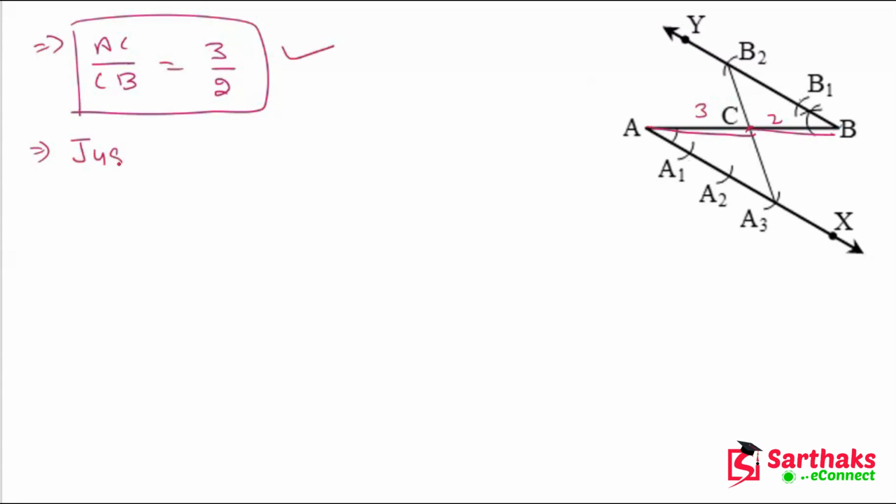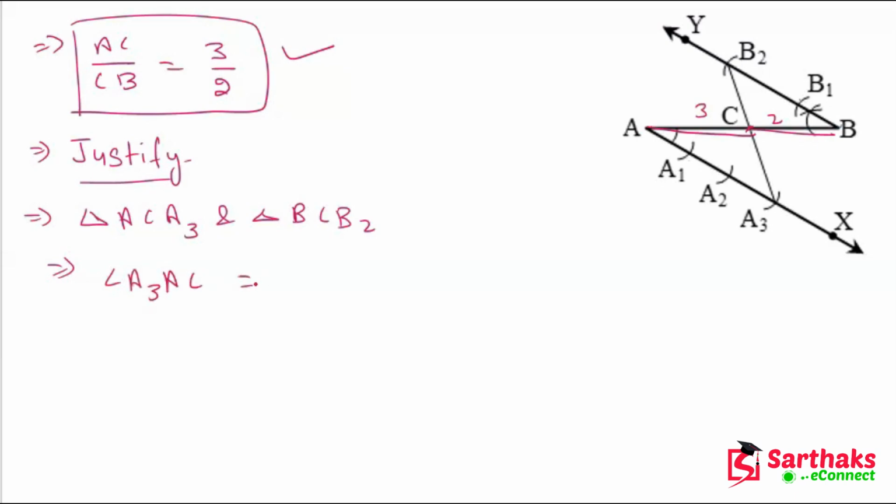Now here we are going to justify our answer. For this we have two triangles, triangle ACA3 and triangle BCB2. In these triangles we know that angle A3AC is equal to angle CBB2.